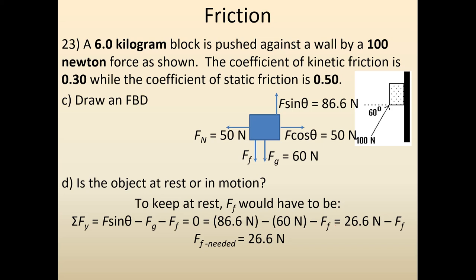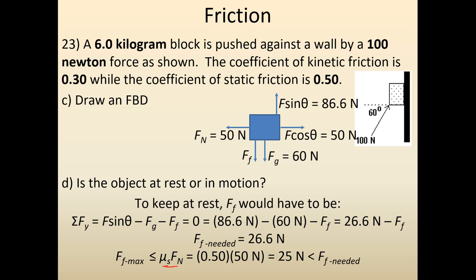Okay, well, let's see what the maximum value that friction can be. So I know that f of f equals mu fn, or it's going to be less than or equal to mu fn. So I use the static coefficient they give me and the known normal force, 0.5 times 50, and I get 25.